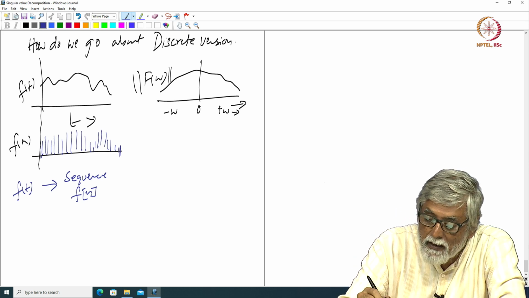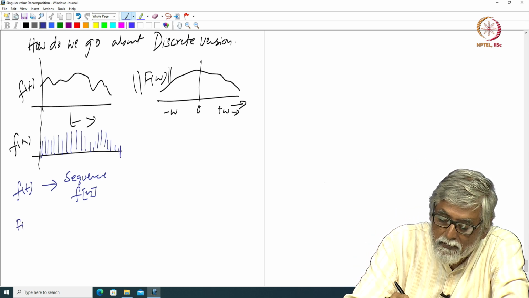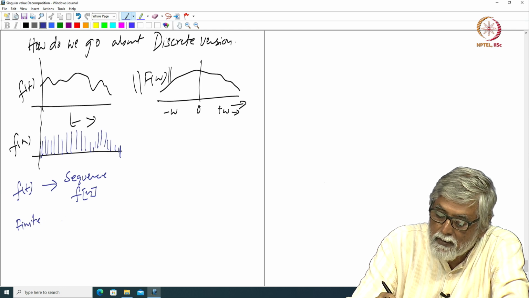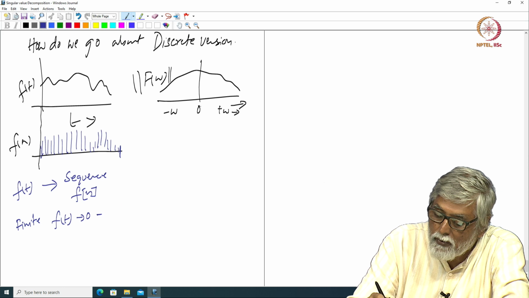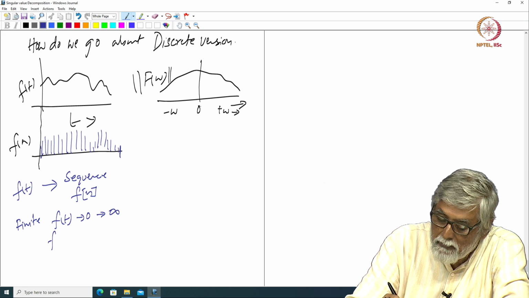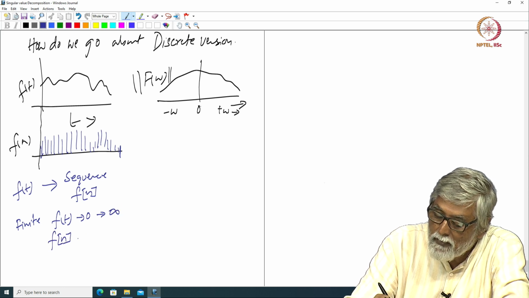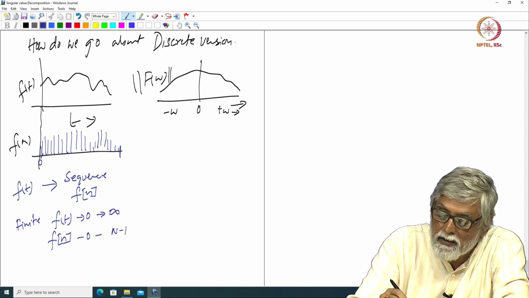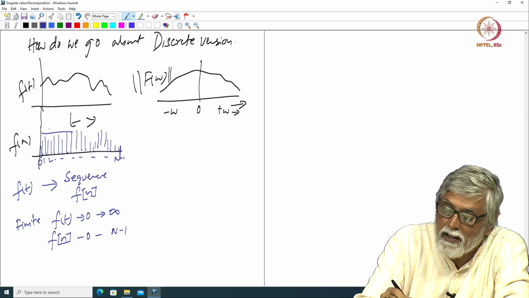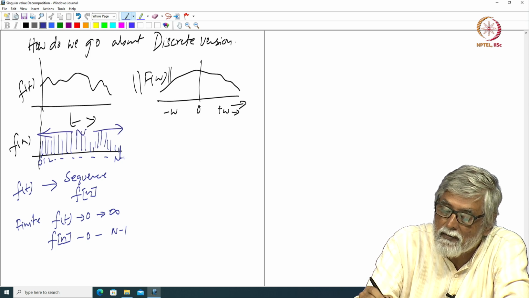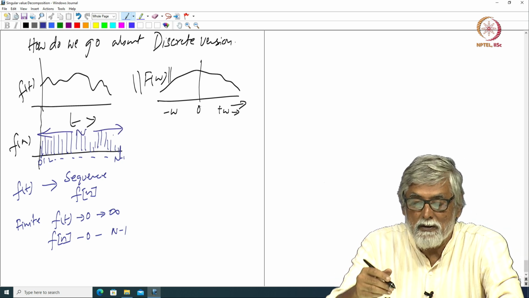Further, I can make it finite. So, f of t, which was from 0 to infinity, became a sequence f of n from 0 to, let us say, n minus 1 terms. So, 0, 1, 2, 3, 4, n minus 1 terms. So, I make it n length.